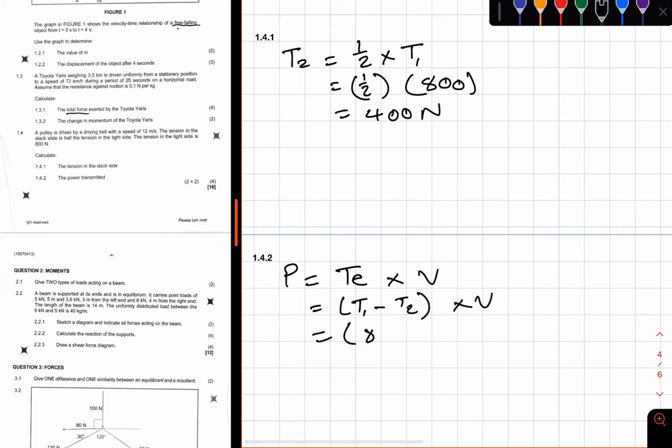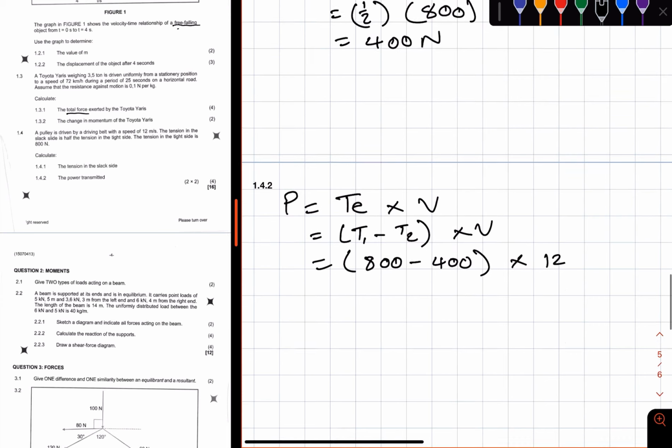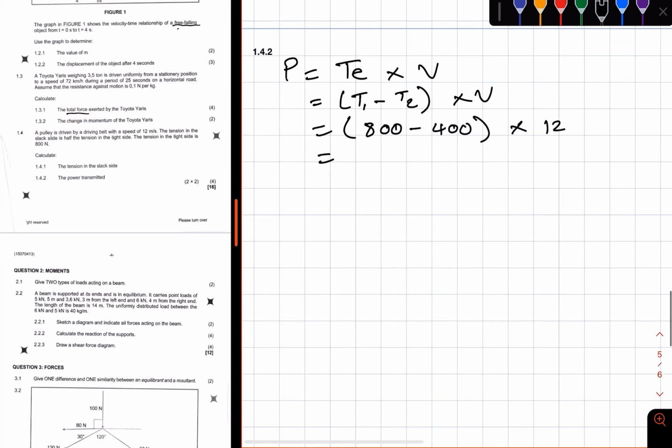T1 is 800 minus T2, which we calculated as 400, times the circumferential velocity, which they gave us as 12 meters per second. If you punch this in your calculators, we get 4,800 watts. And that is it as far as question 1.